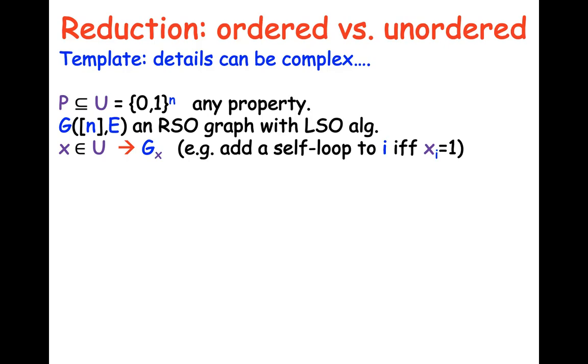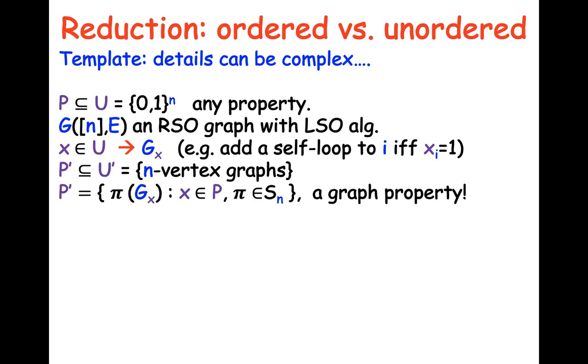So let's say add or not add a self-loop. And then we get graphs, and the new property P prime we define in the world of graphs are all isomorphic copies of these graphs G sub x.